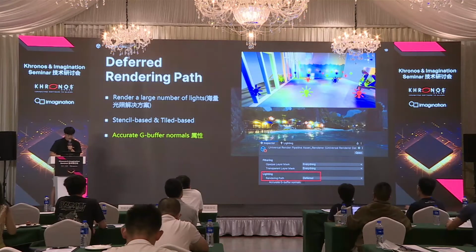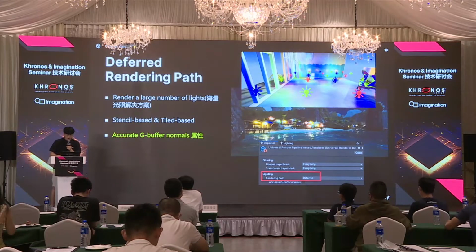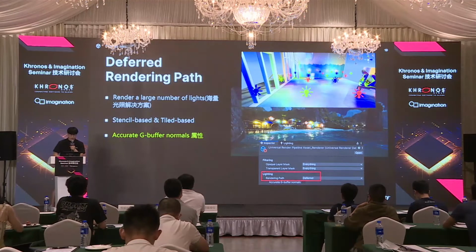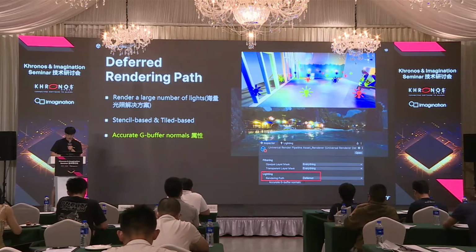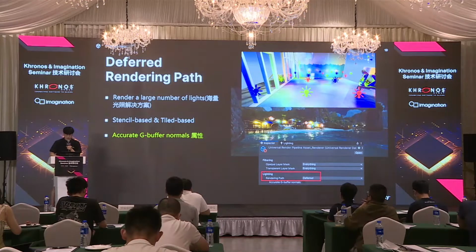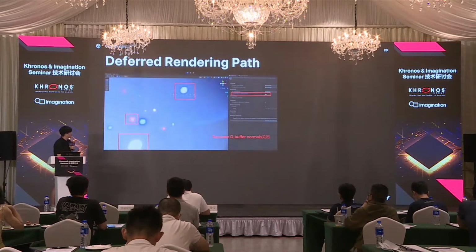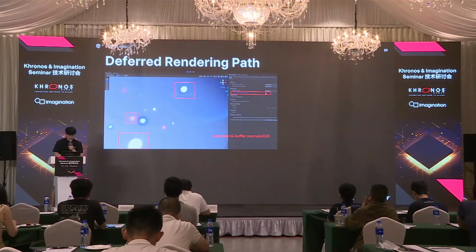It's worth noting that after choosing the deferred rendering path, Unity will show the Accurate G-buffer Normals attribute. With this, you can define how the normals are going to be stored in the G-buffer and how you encode that G-buffer. So let's take a look at the function of that.